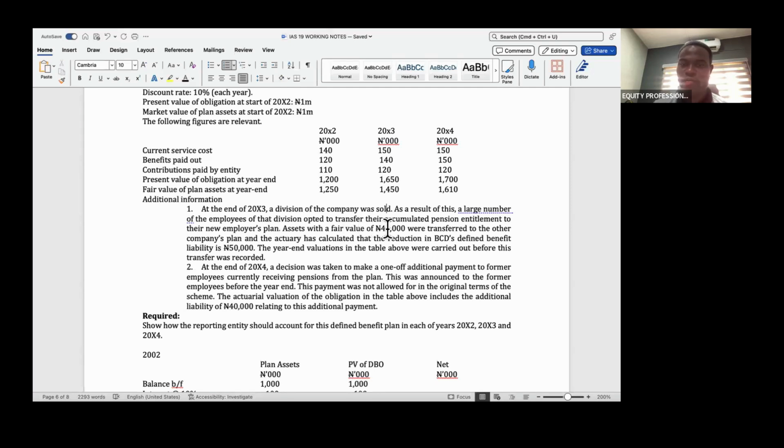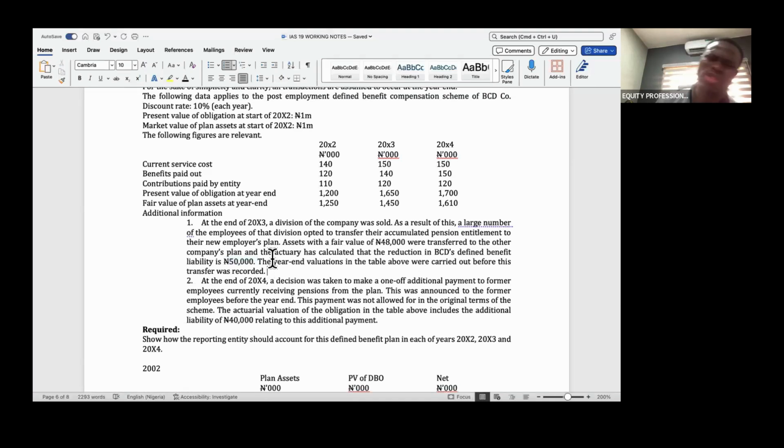Assets with a fair value of 48 million were transferred to the other company's plan, and the actuary has calculated that the reduction in BCD's defined benefit liability is 50,000. The end valuations in the above were carried out before this transfer was recorded.